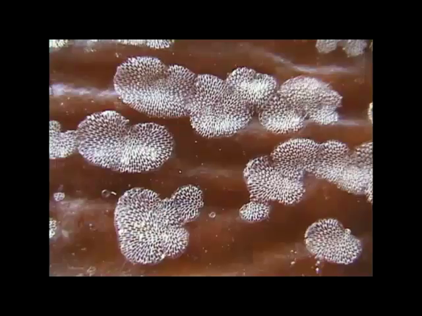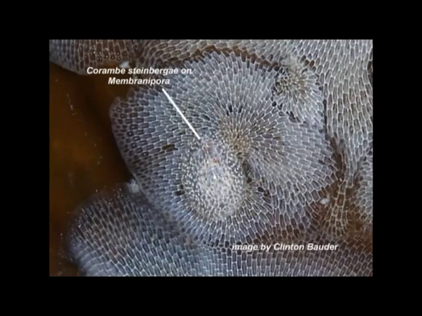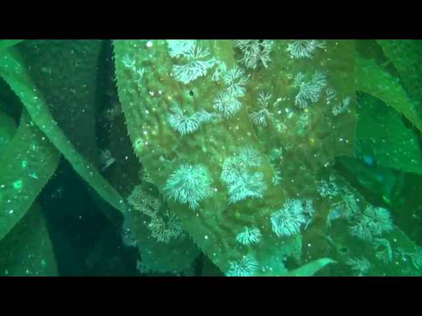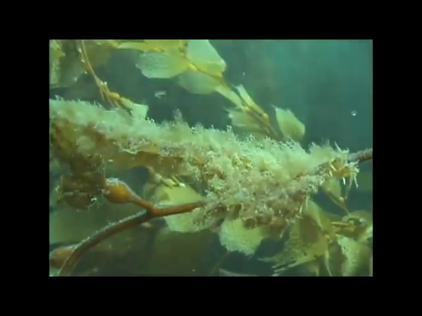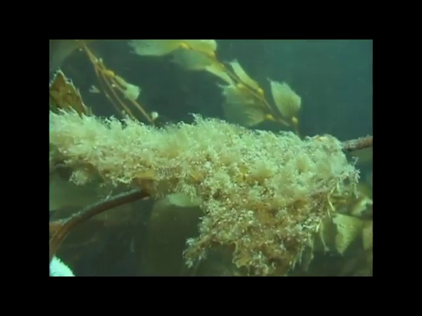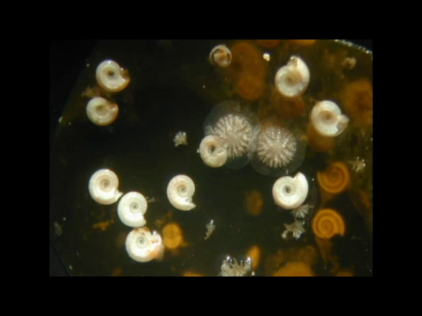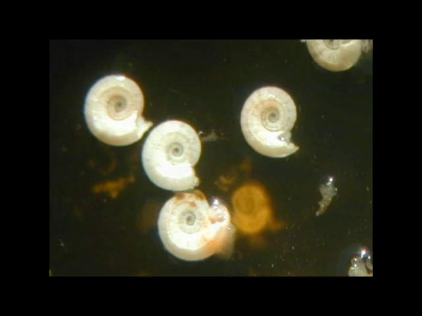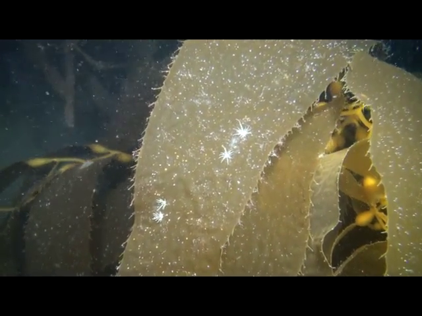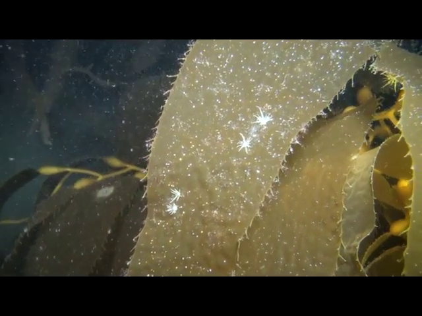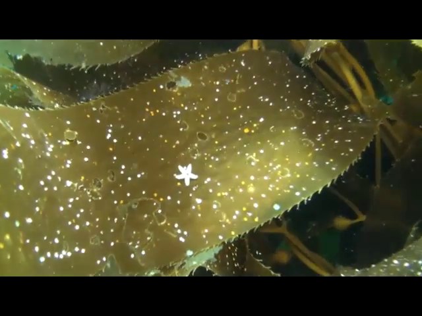These often include bryozoan colonies like Membranipora, the Jack Frost bryozoan, and bushy hydroid colonies. Other invertebrates often attach to the kelp blade at this point, such as the tiny sea anemone Bunodeopsis and even young sea stars.